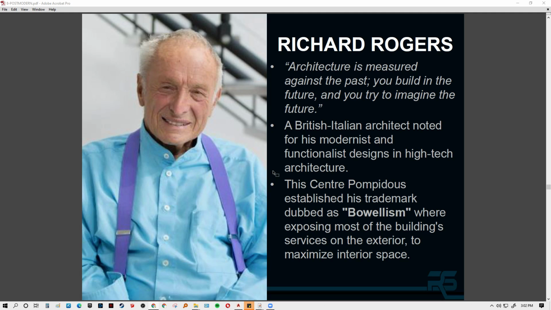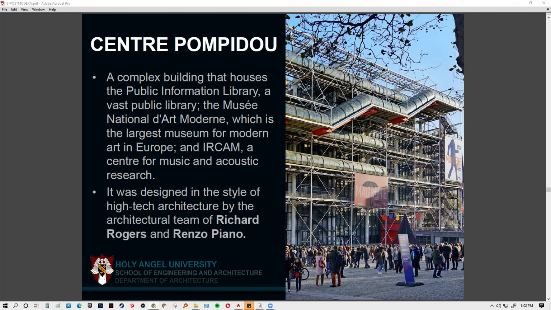He's a British-Italian architect noted for his modernist and functionalist designs in high-tech architecture. The Centre Pompidou established his trademark, exposing most of the building services on the exterior to maximize interior space. So it's better to show it this way.